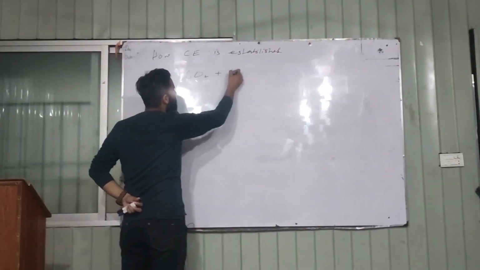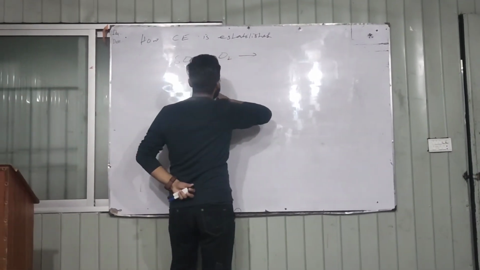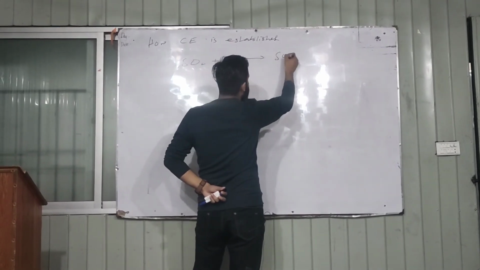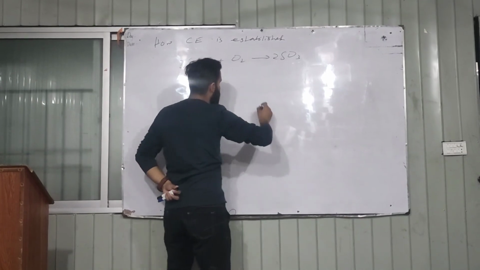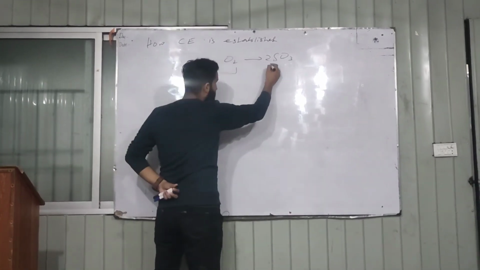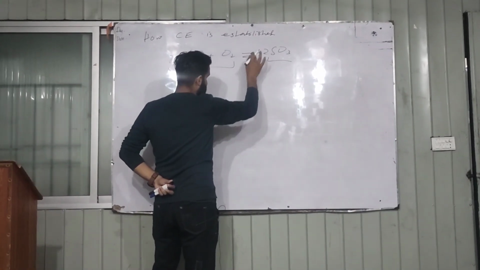I am going to write here an equation: SO2 plus O2 gives us SO3. I'm just going to balance this equation. These are our reactants and these are our products.